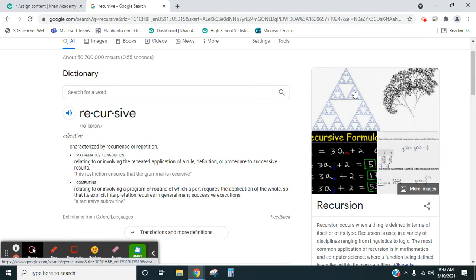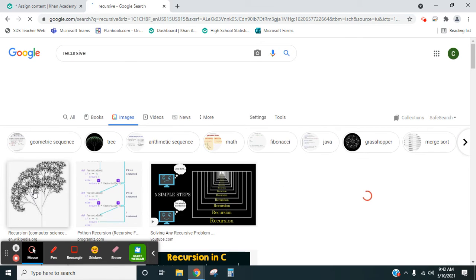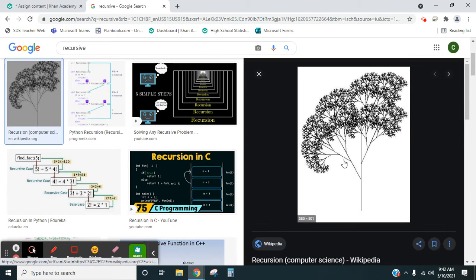See this? These pictures? Yeah. What do you notice in the picture? Triangle. And then? Triangle. And then off of that triangle, more triangles, right? This is a picture of a tree seemingly, but actually it's recursion. It is the same pattern over and over and over again.